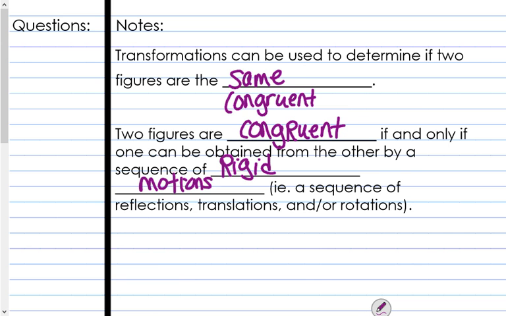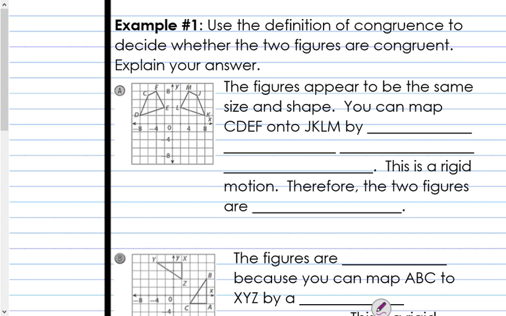Let's look at example 1. Use the definition of congruence to decide whether the two figures are congruent, and we're going to explain our answer. So look at quadrilateral CDEF and compare it to quadrilateral JKLM. Do they look to be the same?